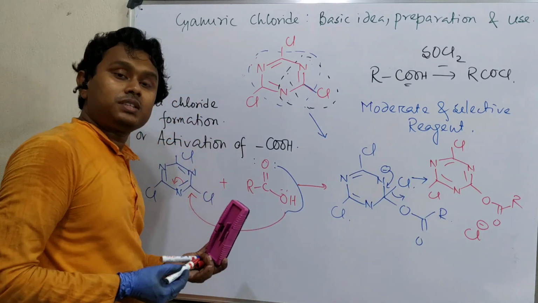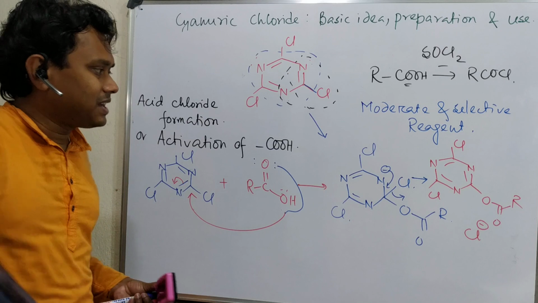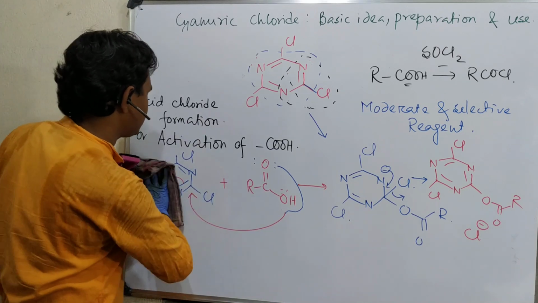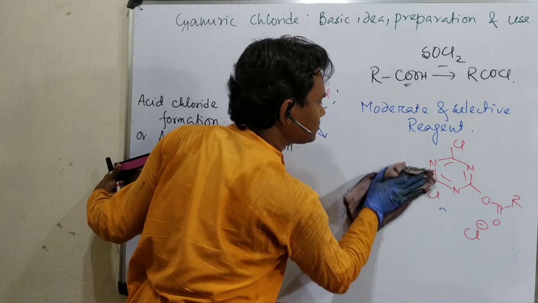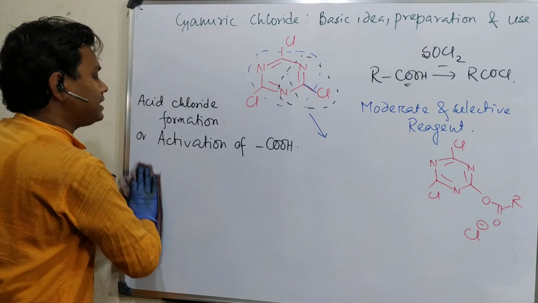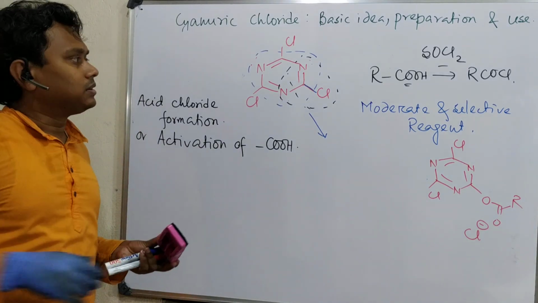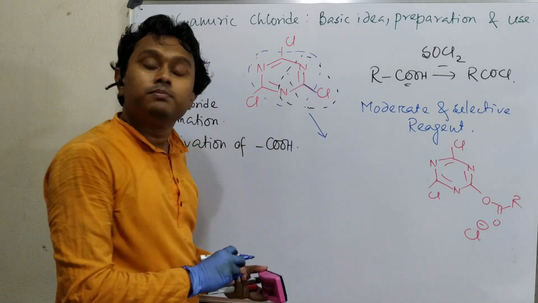Why? Because aromaticity is gained. Previously aromaticity was disturbed. Now the interesting chemistry occurs. What is interesting? See, right now the product is stable, I will say, because previously there was a carbon chlorine bond, so improper matching.